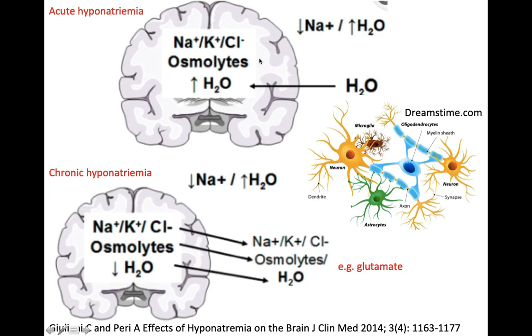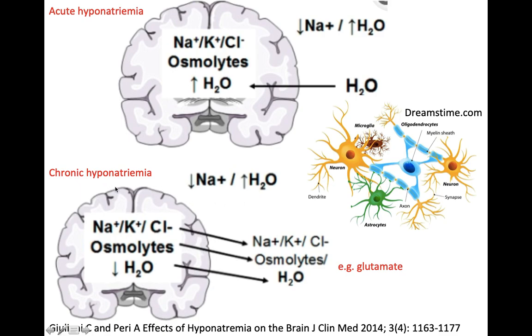So if there's a lowering of the concentration of electrolytes in the blood in hyponatremia, the brain starts to absorb water to have the same concentration as the blood. The water is mainly absorbed by the astrocytes, and they swell, while the neurons are relatively preserved. So the astrocytes once again take care of the homeostasis of the brain, and they protect the neurons.